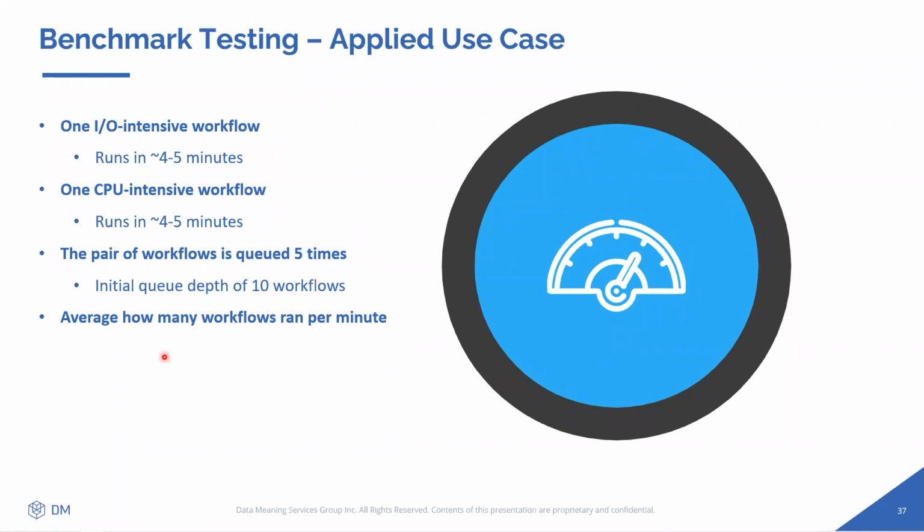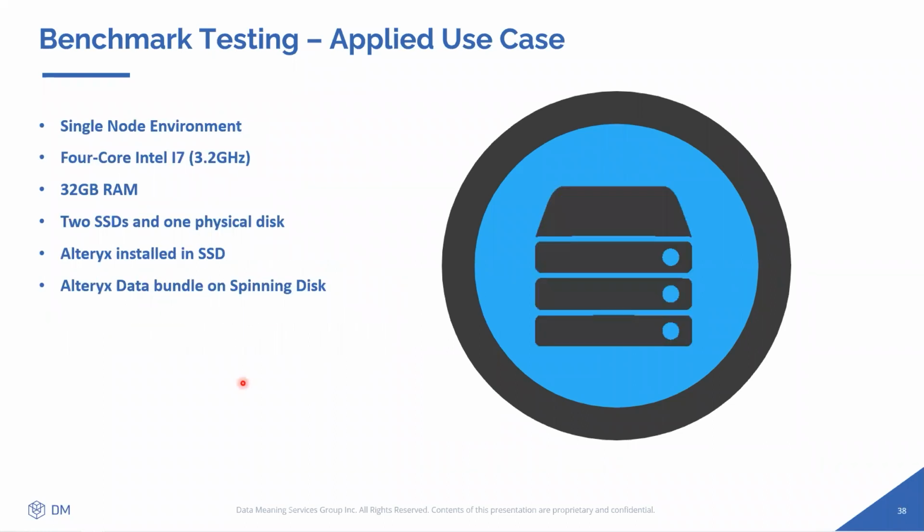And we are using the average to check how many workflows are being run per minute. We are using a 4-core machine with 32 gigabytes of RAM, SSD, and 1 physical disk, with Alteryx installed on the SSD and everything else installed on the spinning disk. And let's see the results here.